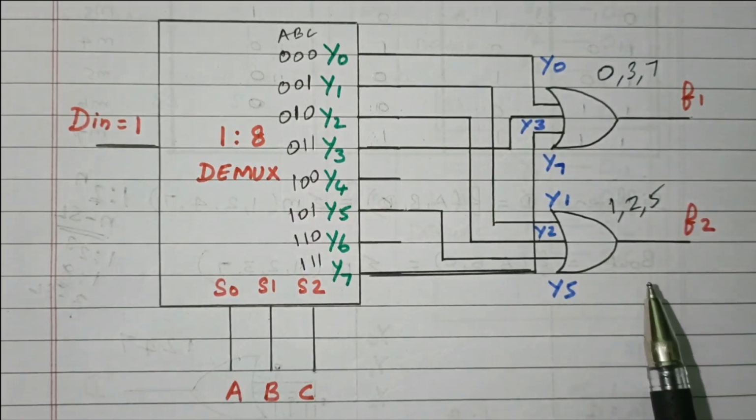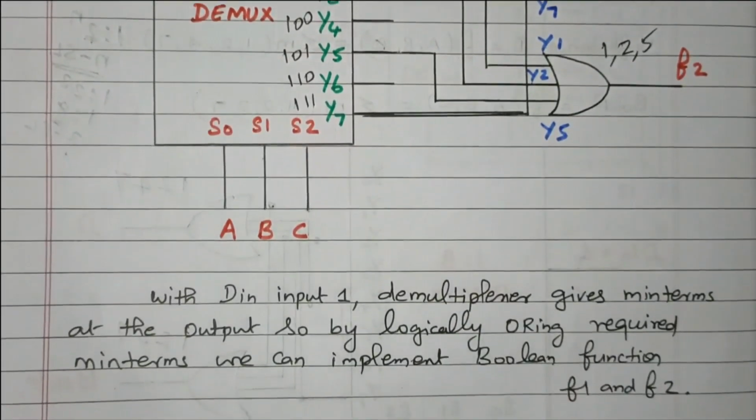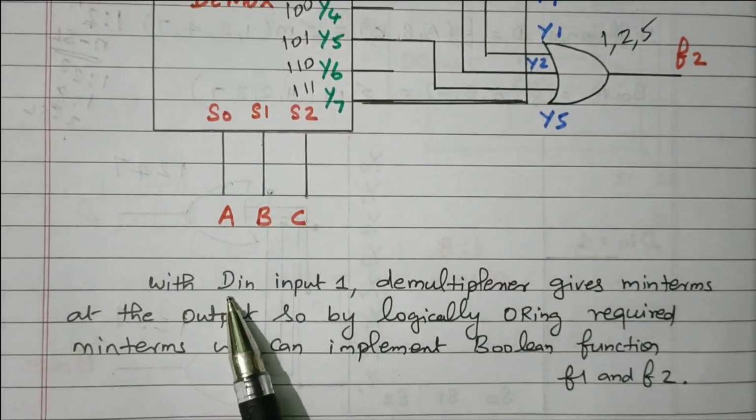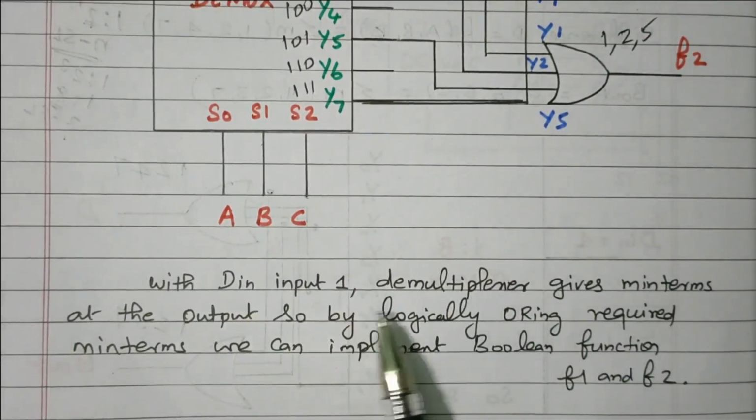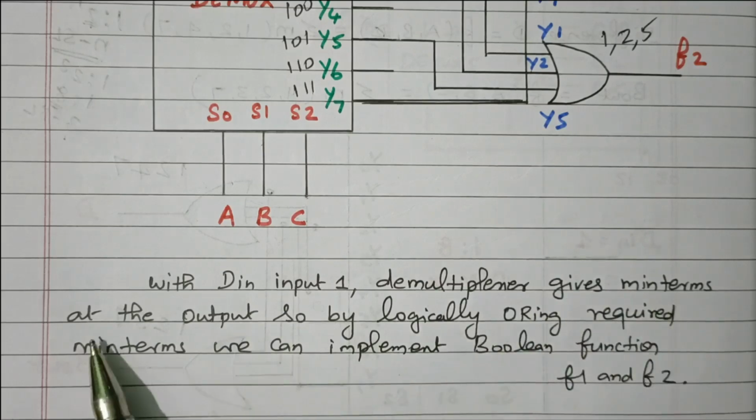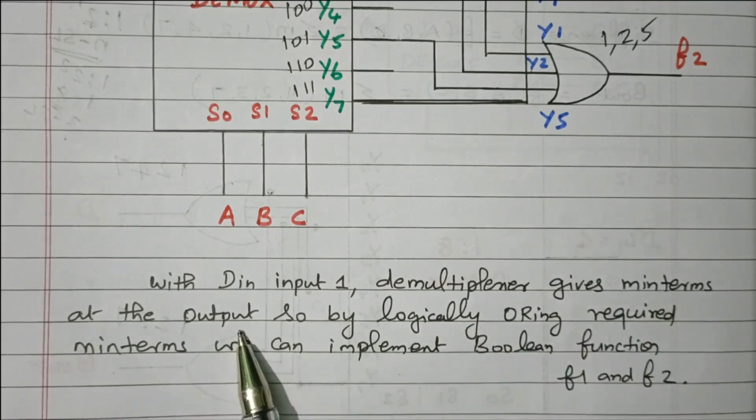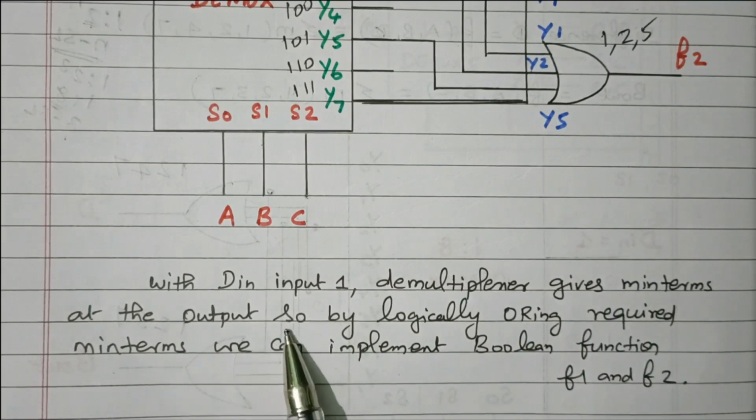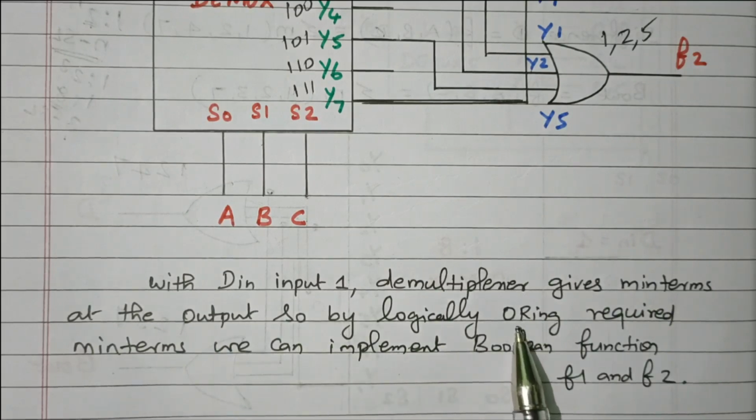So in this video we discussed how to implement a demultiplexer for a logical function. Here is the description. With Din input as 1, the demultiplexer gives minterms at the output. Minterms means 0, 1, 2 up to 7. By logically ORing, that means a sum of minterms.